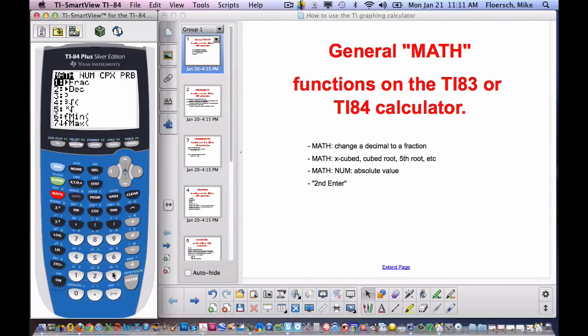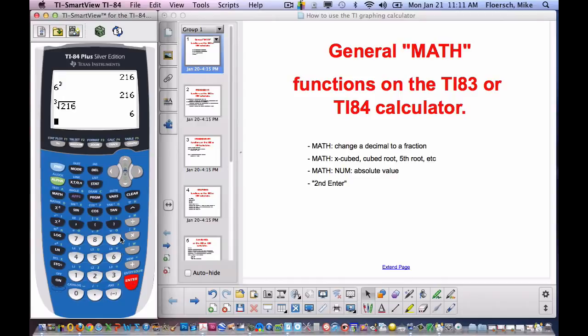So I hit number 3, and it does 6 cubed, and I hit enter. Gives me my answer. Let's say I want to do the cube root of 216. Then I would hit the math key, hit number 4, and it'll come up cube root of, and then you'd say 216, and hit enter, and the answer is 6.